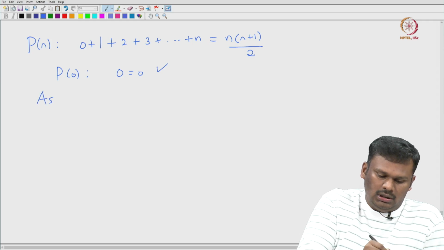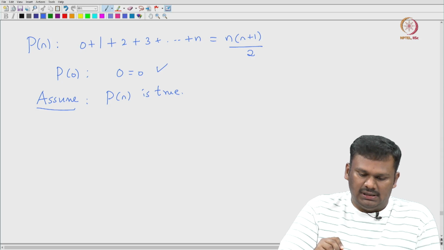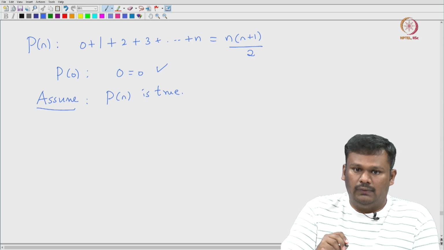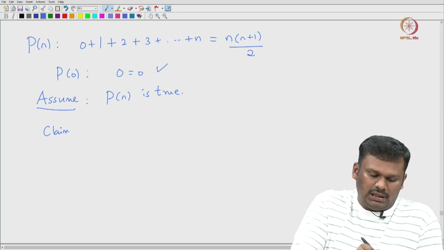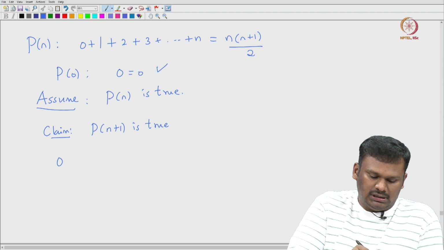So, assume the result is true for P of n. So, P of n is true. That means when you are taking 0 plus etcetera up to n, it is n into n plus 1 by 2. So, now we want to verify the claim that P of n plus 1 is true. So, how do we do this? Just take 0, 1, plus etcetera, n plus n plus 1.